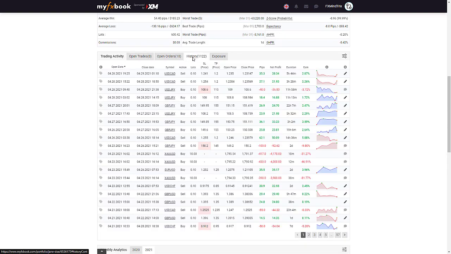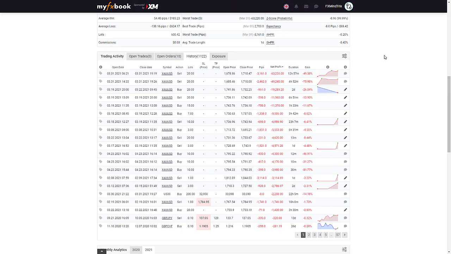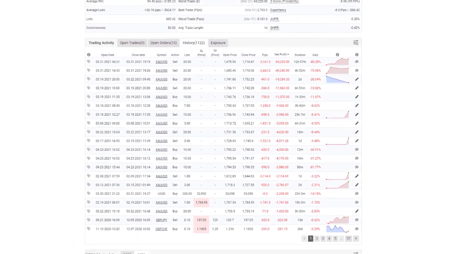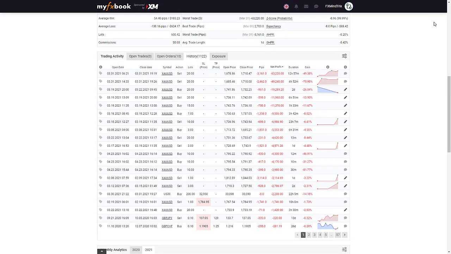However, when I click on the history tab of this forex trading account and sort its net profit column in descending order, you would notice that the value of its largest losing trade was as high as $63,220, which is about 63 times the maximum risk per trade which was supposed to be taken on this forex trading account. This makes it pretty easy for us to see why this account ended up getting blown.